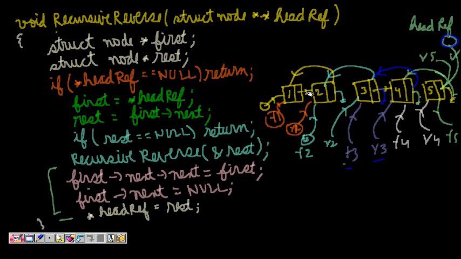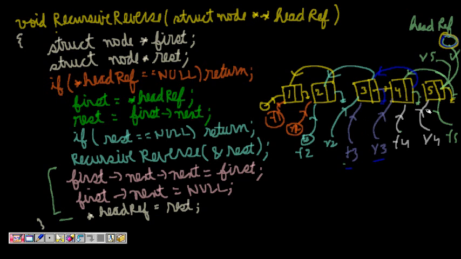So this is gone now, and now we have this equal to null. And head reference is equal to rest. So this head reference also becomes equal to rest. So it becomes equal to this one. So now what happens is that this link is reversed.